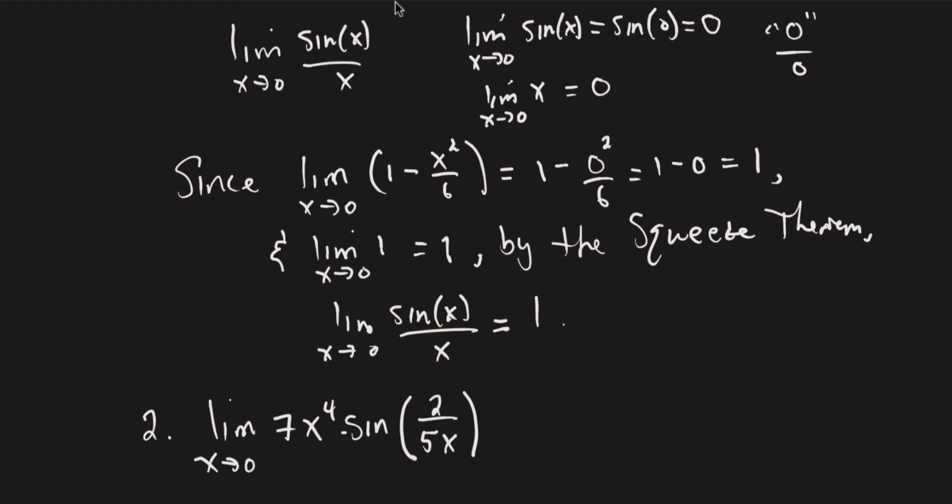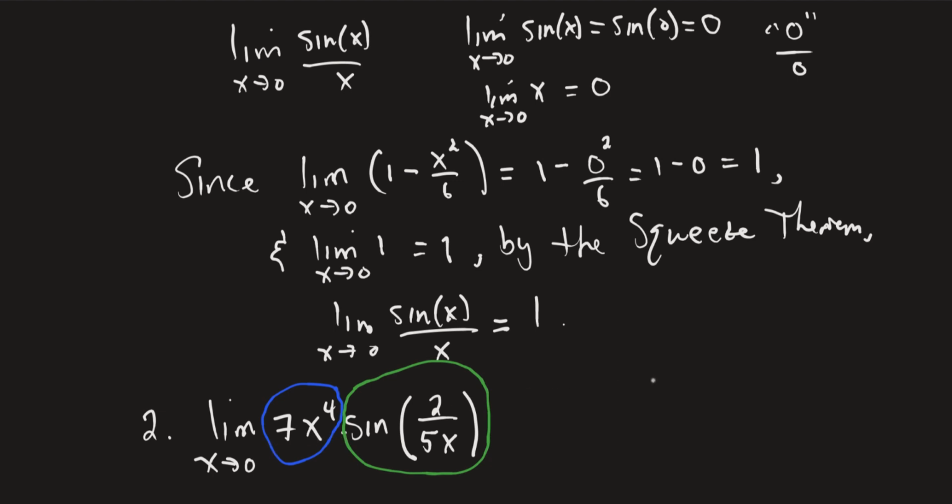If you notice here, there are two functions. This function is a polynomial, and this function is the composite of a trig function and a rational function. And we have a limit property for products. Remember, it says that if both factors have limits, then the product will have a limit.